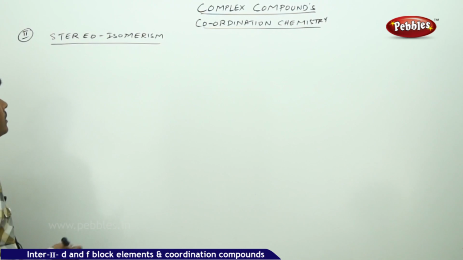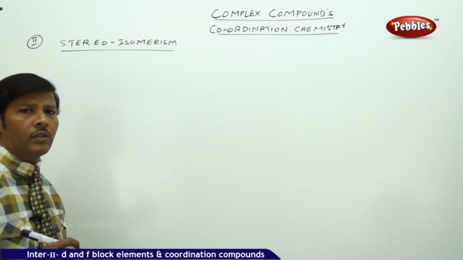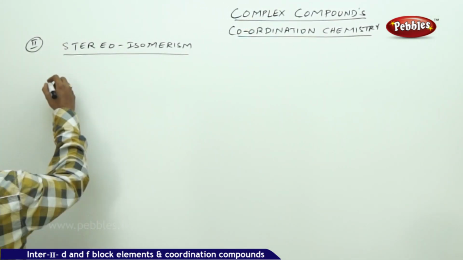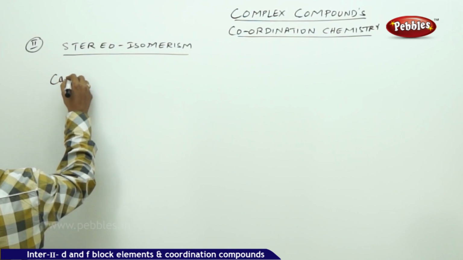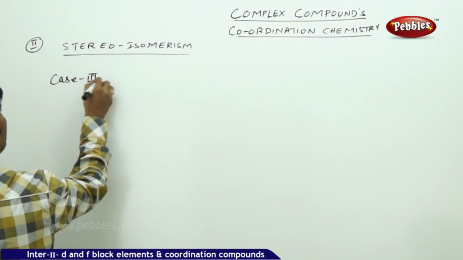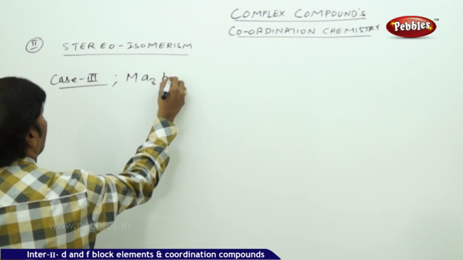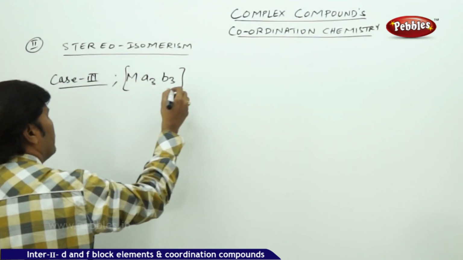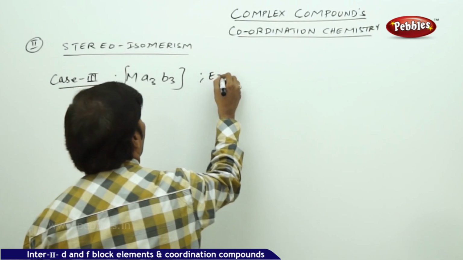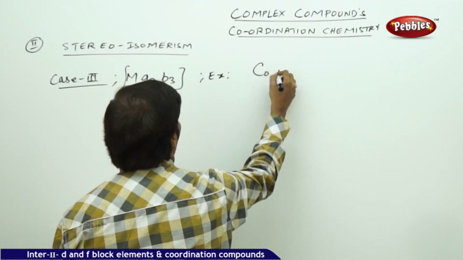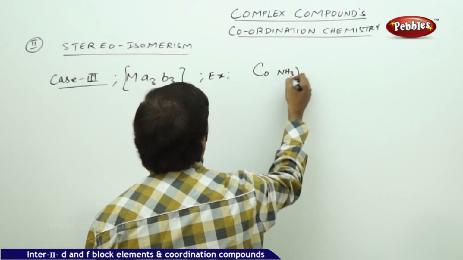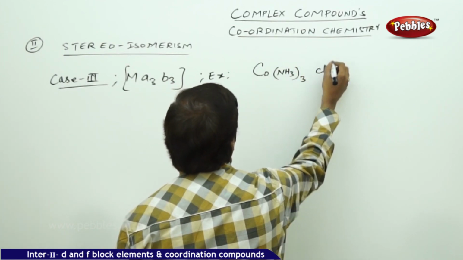So if you go to the stereoisomerism, the last part of the discussion, that is case 3. In case 3, let us take MA3B3 isomers, and here example you can take cobalt of NH3 taken thrice of Cl3.